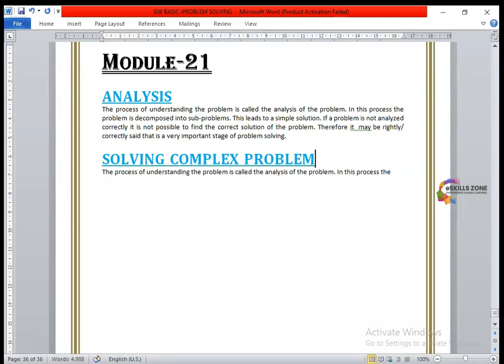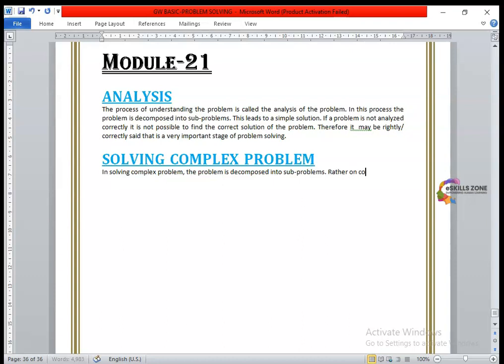It's very important. So in solving complex problem, the problem is decomposed into subproblems.